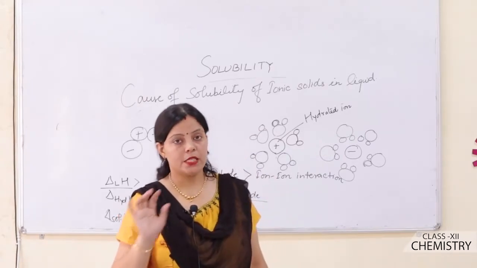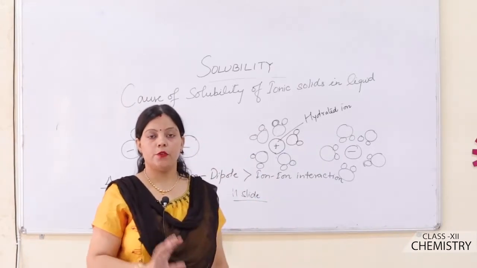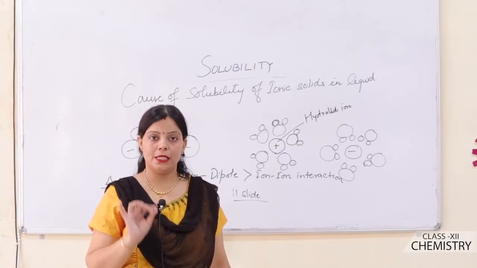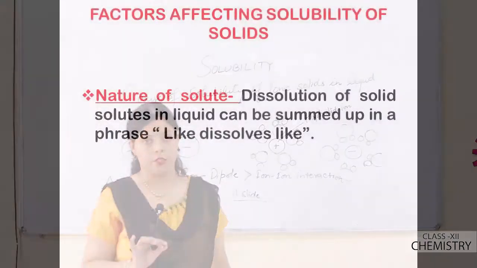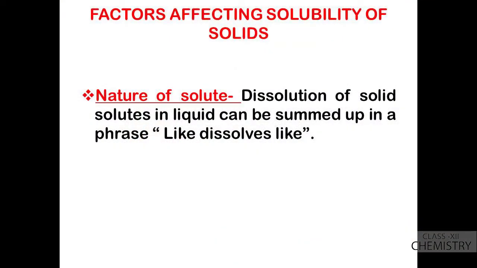So now we start. What are the factors which affect the solubility of a solid in a liquid? The first factor is the nature of the solute. The dissolution of a solute in a liquid can be summed up in a phrase: like dissolves like.